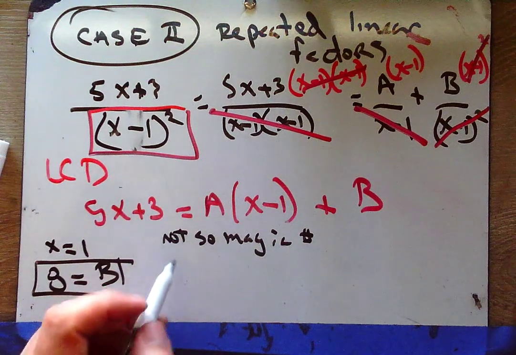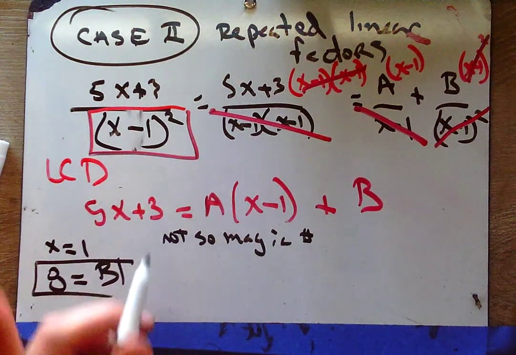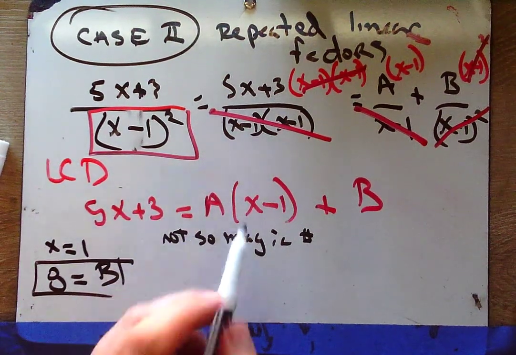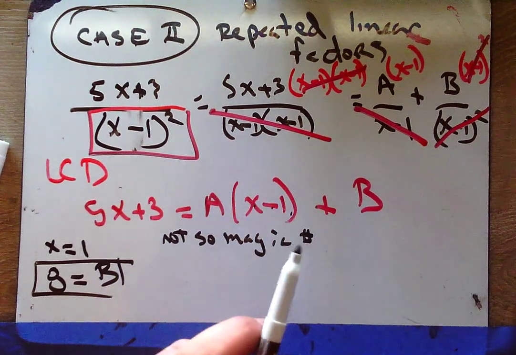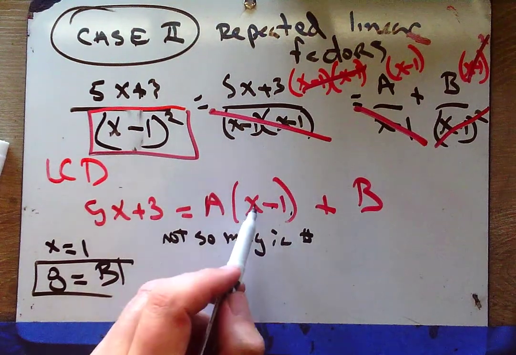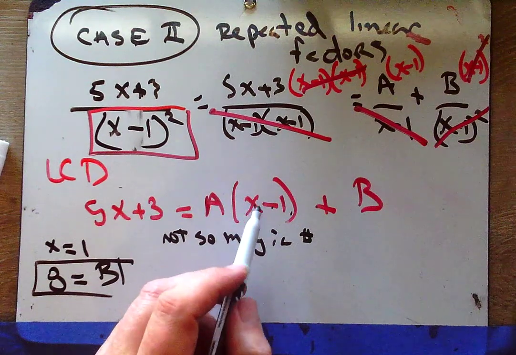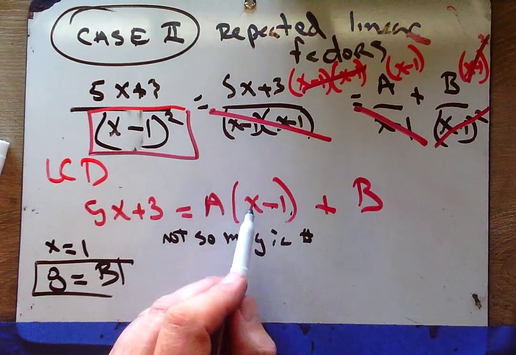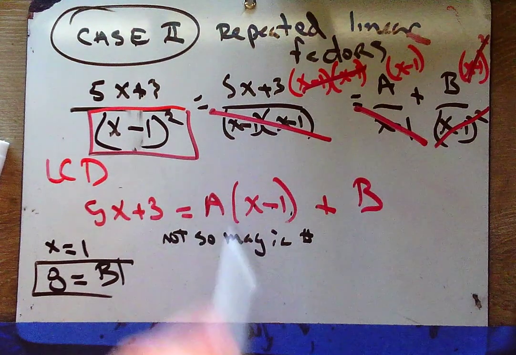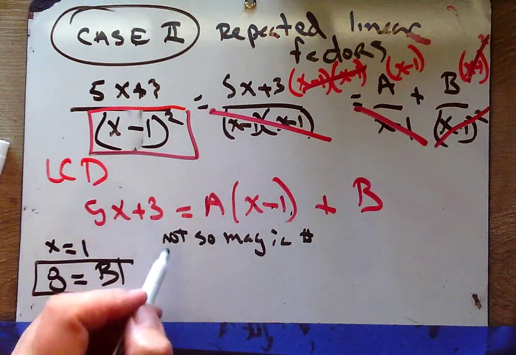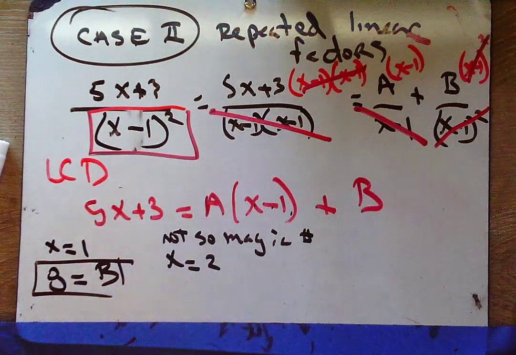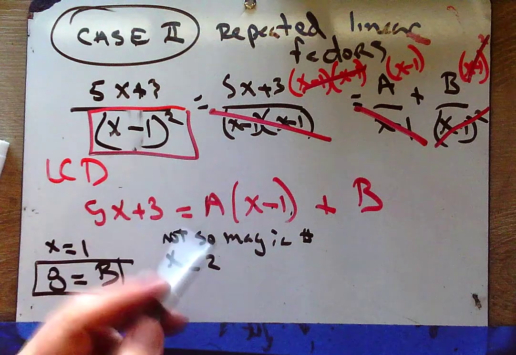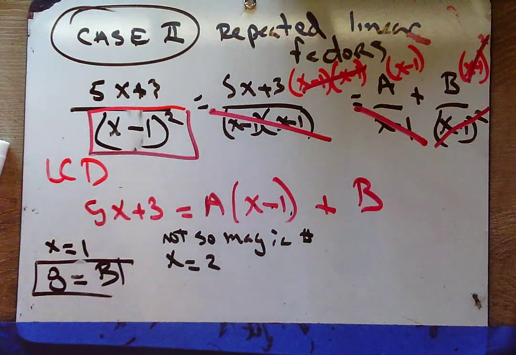I like 2. I know, you would have thought I liked 0, but I like 2 because 2 minus 1 is positive 1a. And I would much rather work with a positive number than with a negative number. If I plug in 0 here, I'm going to have negative a. So I'm going to say x equals 2. And you can set whatever value you want as long as it's not x equals 1.